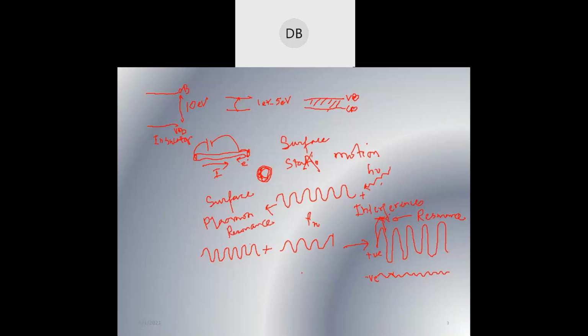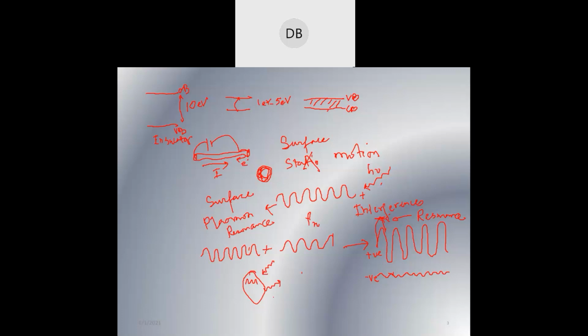I'll draw the nanoparticle somewhere below. This is our nanoparticle, and the electrons on the surface have their own natural frequency. Light is coming in with a certain frequency, there will be resonance, and then this will radiate out that frequency which has resonance. Now we're talking about visible light.